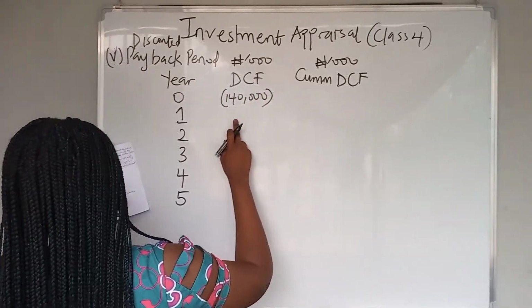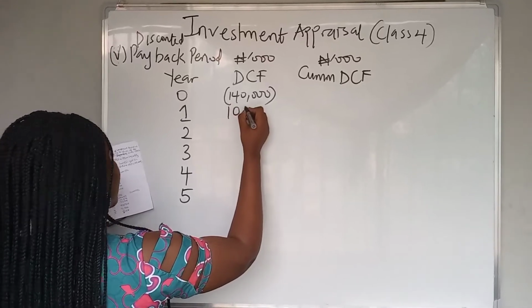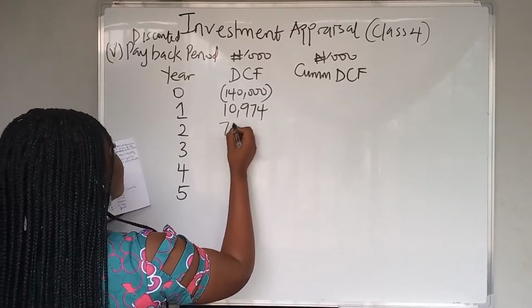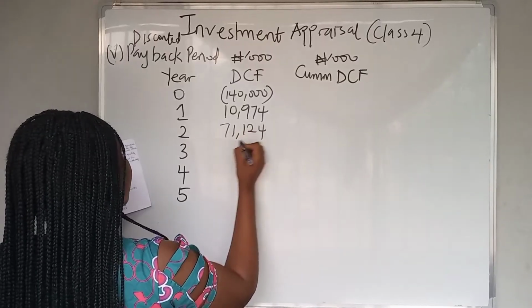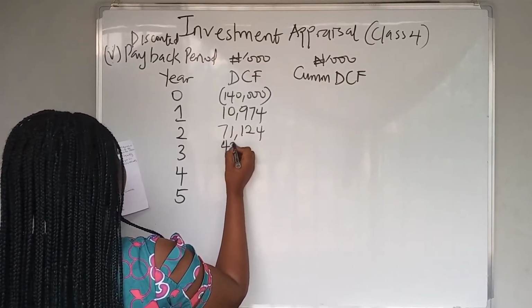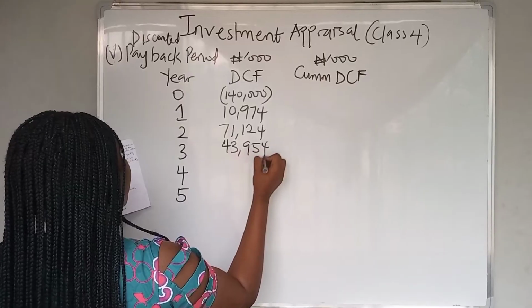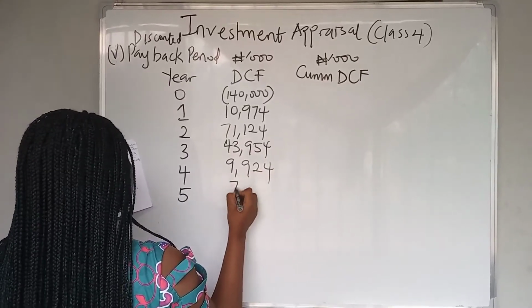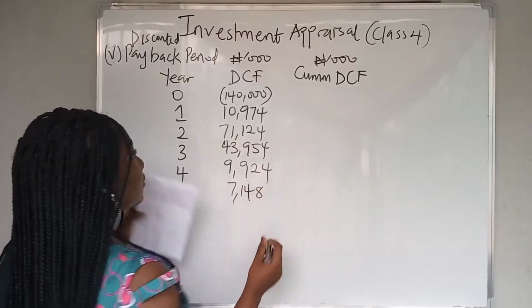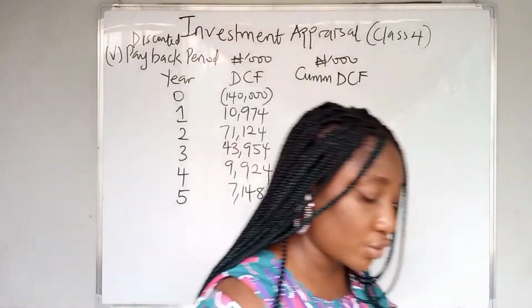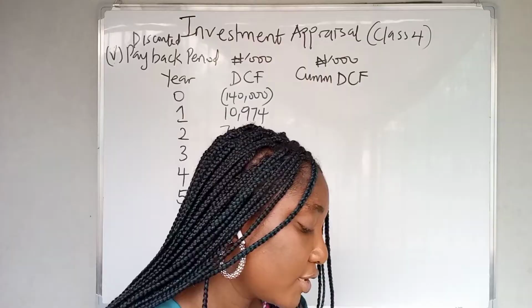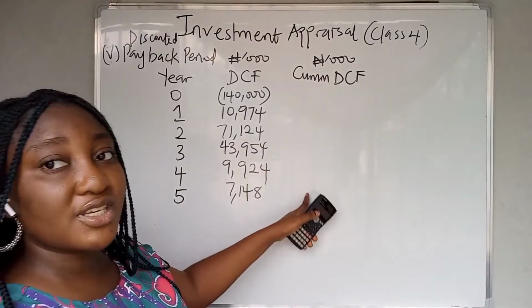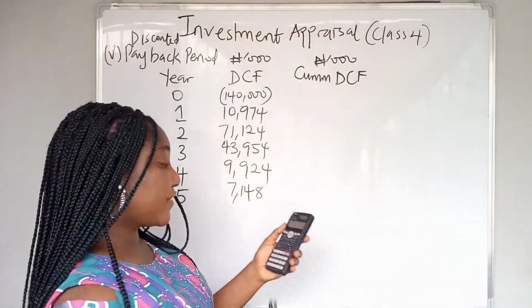By year 1, your discounted cash flow was 10,974, then 71,124, 43,954, 9,924, and 7,148. Okay, so you now start to get your cumulative discounted cash flow so that you know the year at which they will regain their investment.